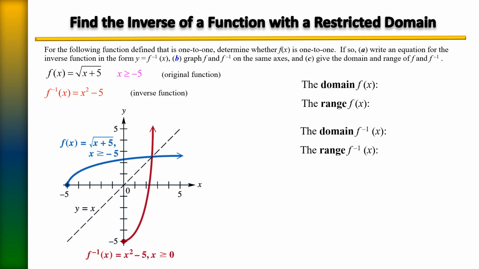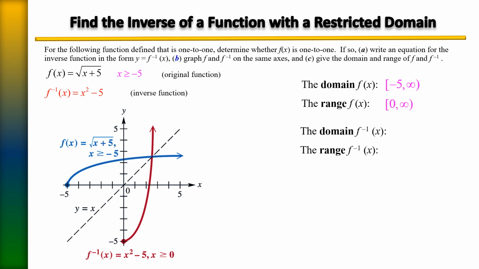The domain would be from -5, and it will continue on forever to positive infinity. The range, in terms of how much it goes up and how much it goes down, would be from 0 and continue all the way up forever to positive infinity.